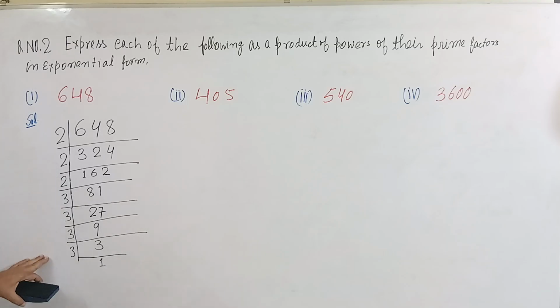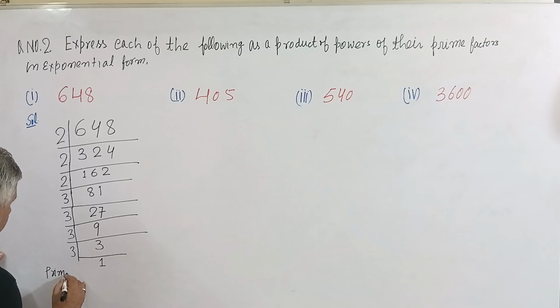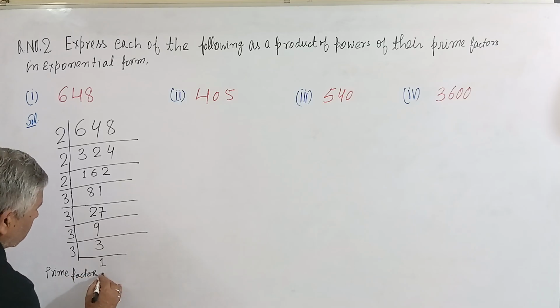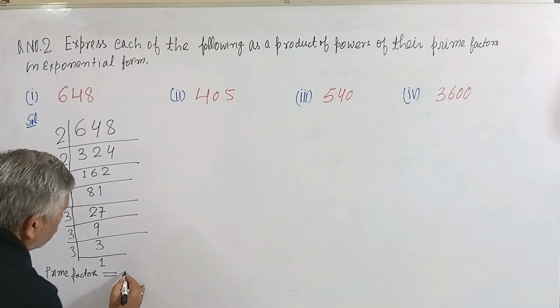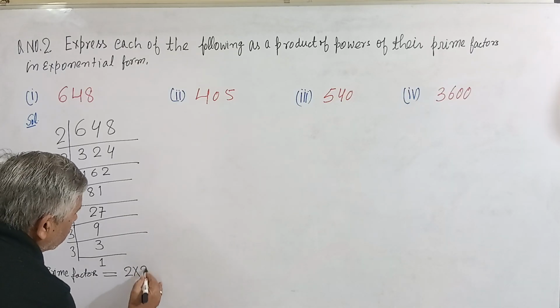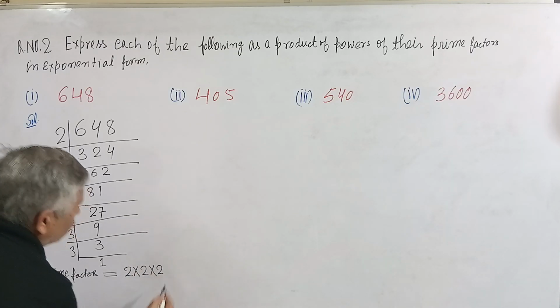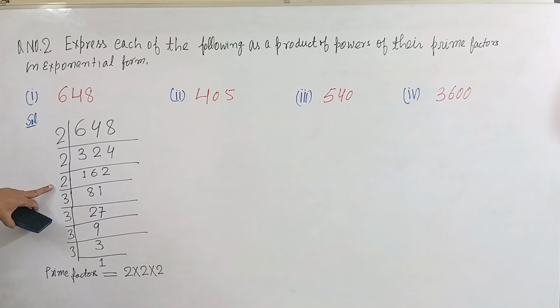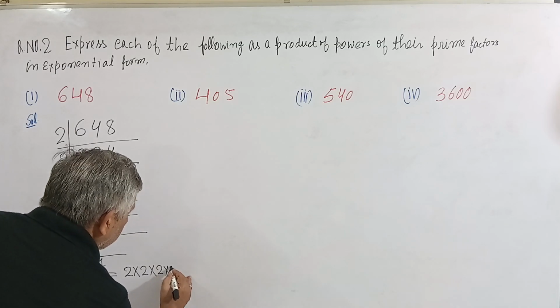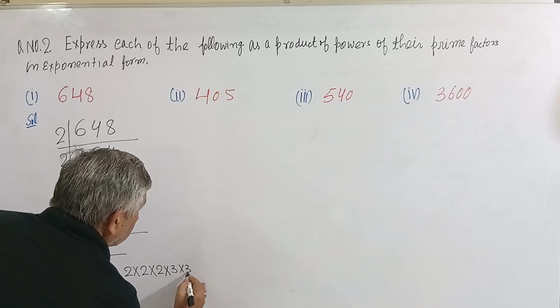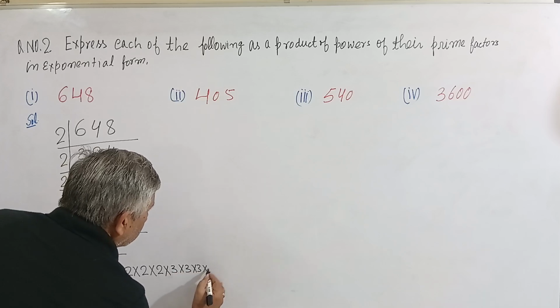So factors for this we are getting 2 into 2 into 2, means prime factors equals to 2 is 3 times, 2 into 2 into 2, and 3 is 4 times, 3 into 3 into 3 into 3.